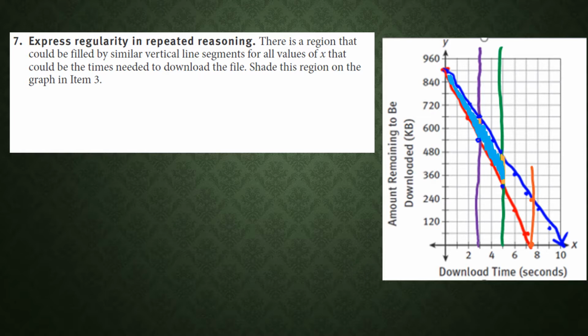So if I shade all the region between these two lines, I'm going to find out all of the possible download time and remaining combinations that there are in this situation for this size file between these two different speeds. Oops, I just unshaded it. So that's what that would look like. All the possible time, amount left to download combinations in the story.